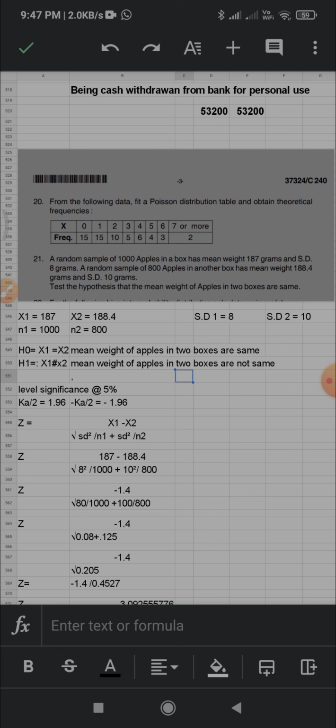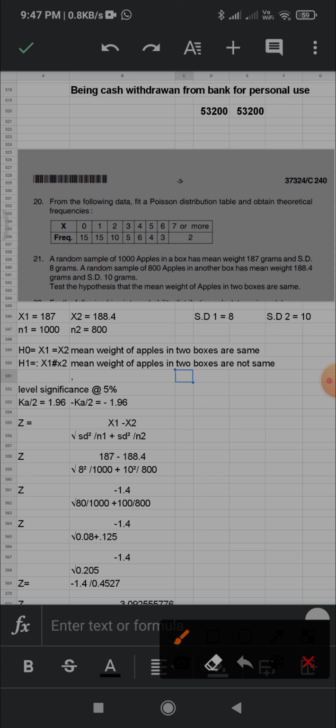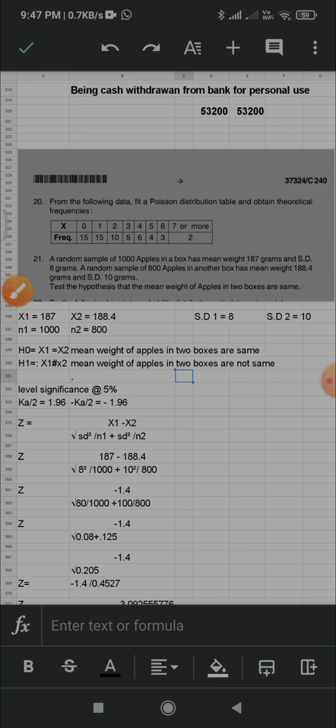Next, the formula is x bar 1 minus x bar 2 divided by square root of standard deviation 1 square divided by n1 plus standard deviation 2 square divided by n2, because the sample size is greater than 30, so it is called a large sample test.